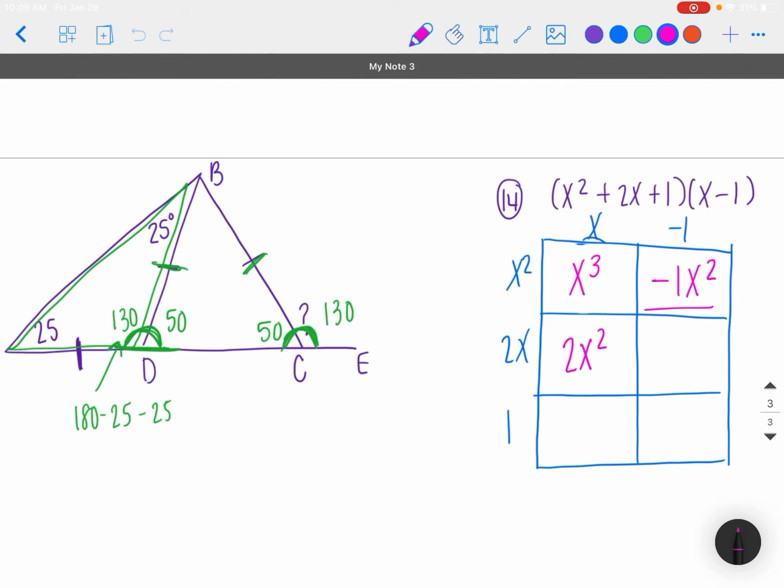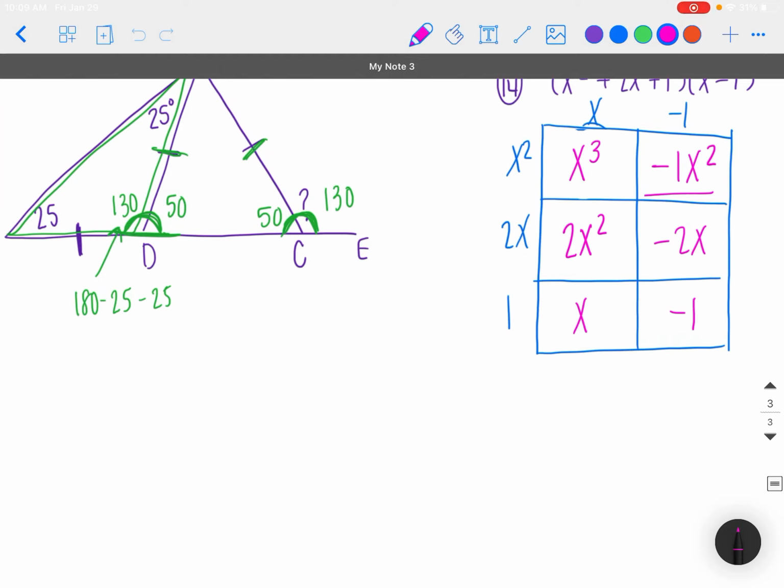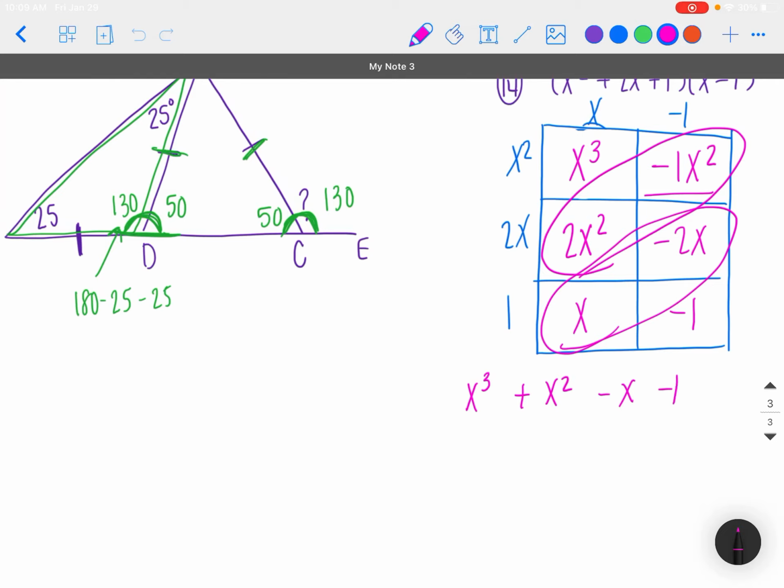And then this becomes 2x squared, negative 2x, x, and negative 1. And then that way we don't miss anything. We can combine our like terms. x cubed plus x squared minus x minus 1, which is A.